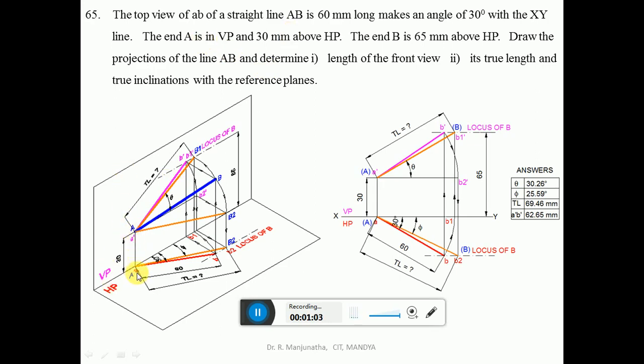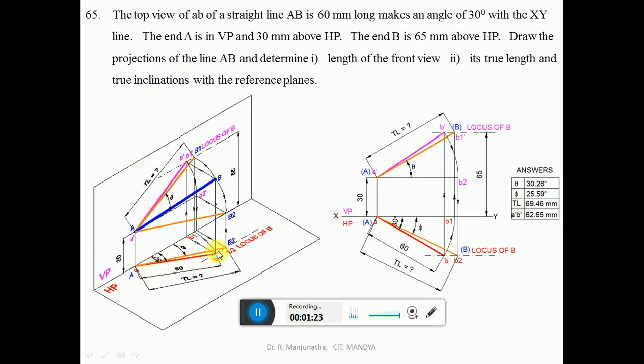It is small a. And the top view of the line, small ab, 60 mm long, makes an angle of 30 degrees with the XY line. So since it is a top view, the image will fall on the horizontal plane. With A as center, you take the angle of 30 degrees and draw an inclined line.